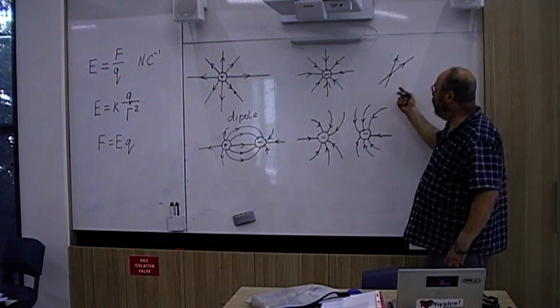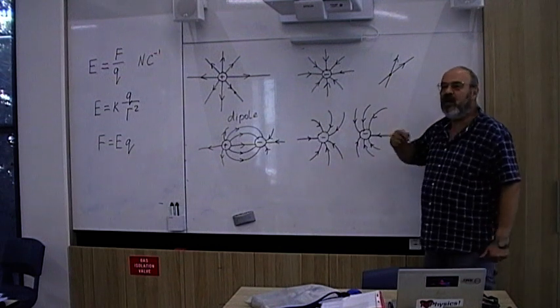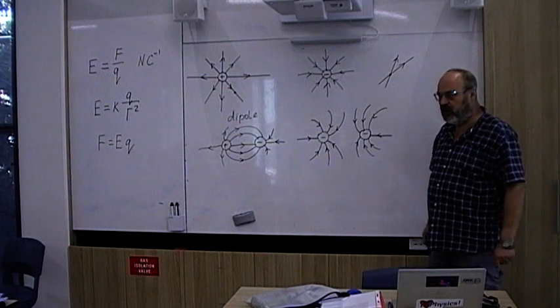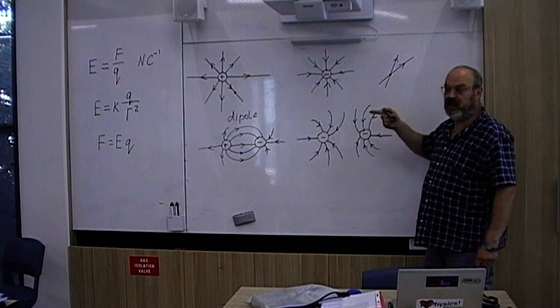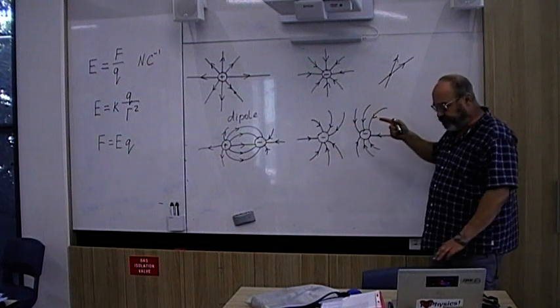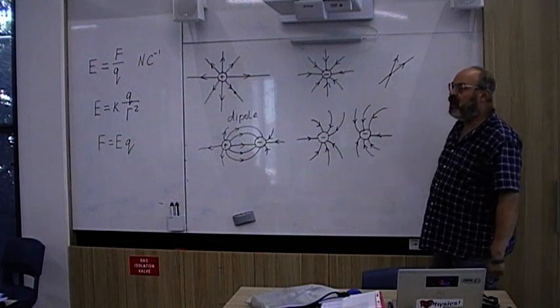If you draw lines and they cross or touch each other, you lose a mark. The same will be with magnetic field when we will be drawing them.